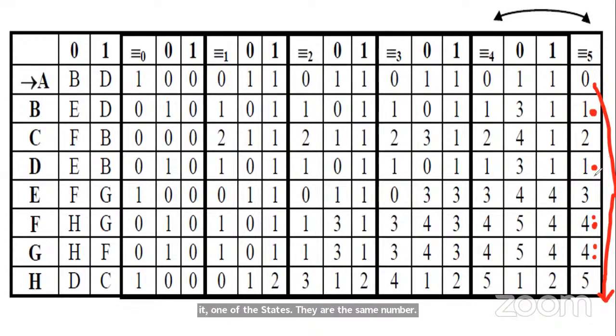So you have 1, 1 here, and you have 4, 4. How do we now remove it? The first state that we meet takes precedence over the next state that is being repeated. So here we have B as the first state we have met, taking precedence over D. Do you get that? Then you have F taking precedence over what? G. Do you get it up to this point?